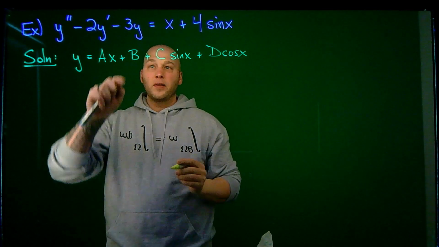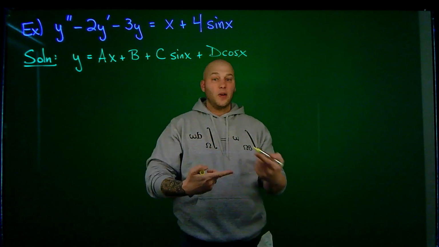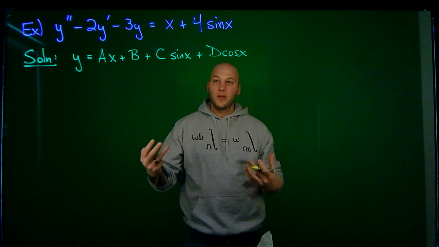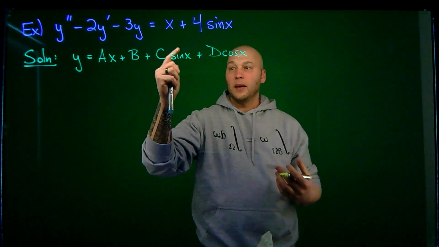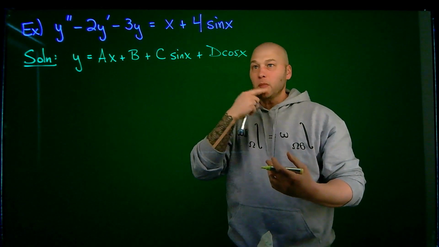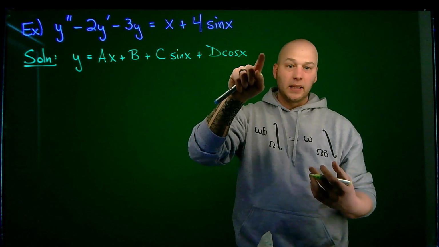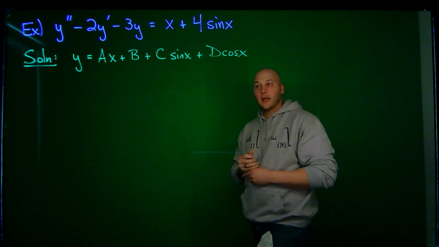If I have a sine here and I differentiate that, I'm going to get a cosine. So I have to incorporate every possible derivative of that base function throughout this expression. So if I had an e to the 2x, I'd have to have a plus e to the 2x here. Okay, so now let's go ahead and plug this in.